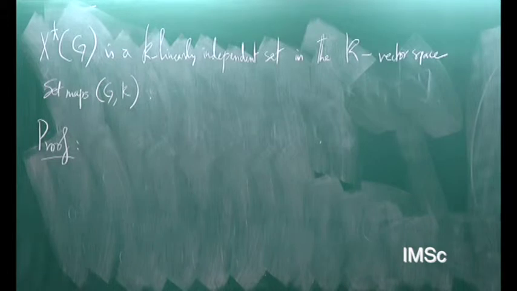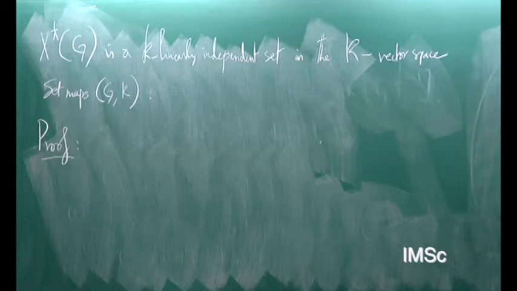Suppose I have a single element, so it's just a question of showing it for 1, 2, 3. So let's proceed by induction. Suppose I have a single element. To show a single element is linearly independent, what do you have to show? That it is non-zero.